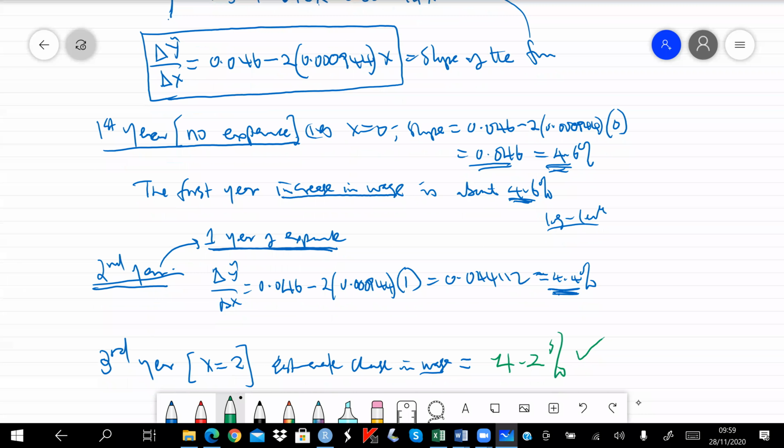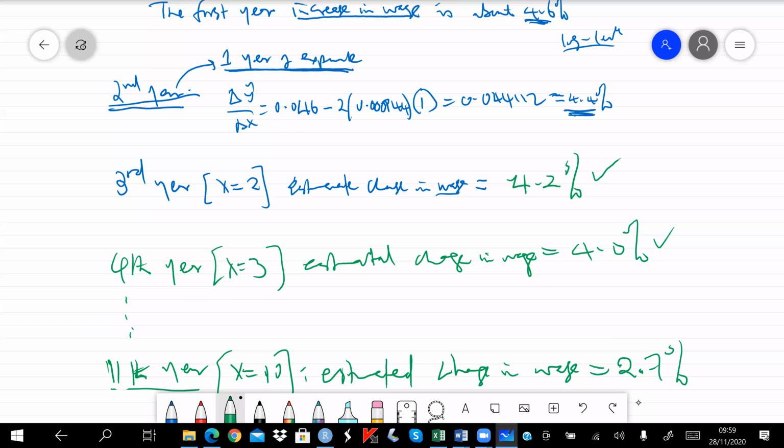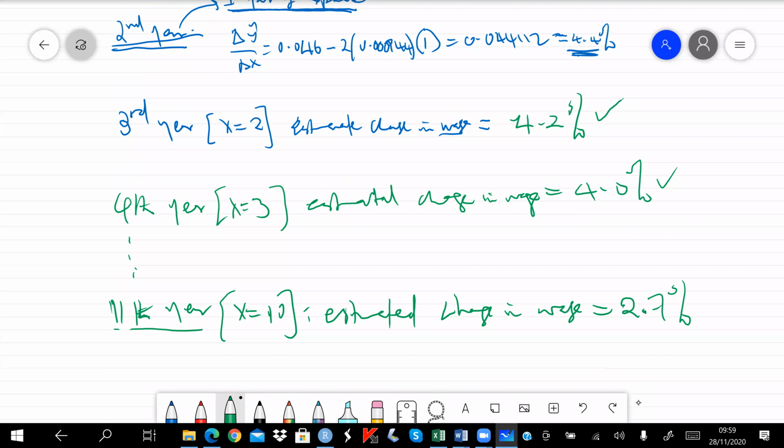Then for someone in their fourth year, a person who has 3 complete years of experience, the estimated change in their wage will be around 4%, and so on and so forth. For someone in the 11th year, that is someone who has 10 years of experience, the estimated change in their wage is 2.7%.